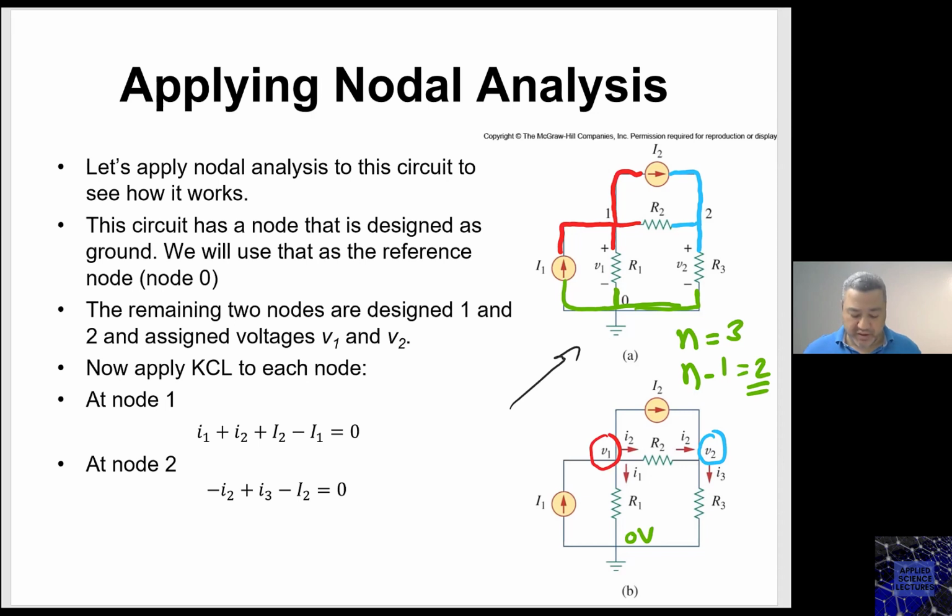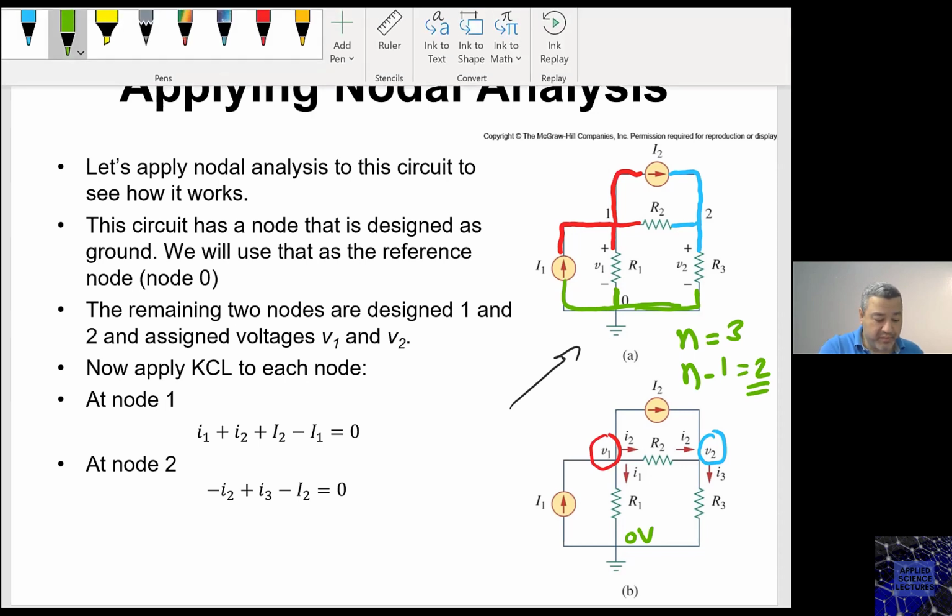And that's why here I have two unknown variables, V1 and V2. Assuming that I know the resistors and the currents in the sources, the problem is solved. The number of independent equations is 2, the number of variables is 2, so the problem will be solved.